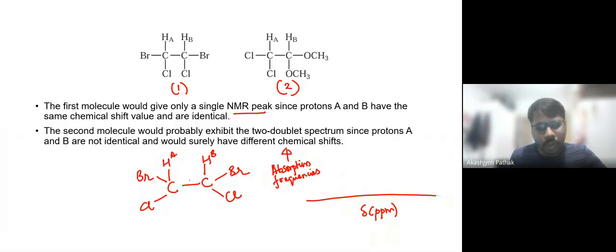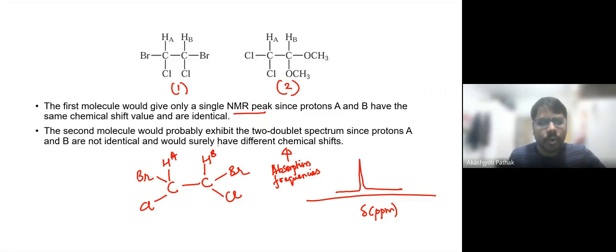So if you want to plot the proton NMR spectra for this molecule, you will only have a single proton peak. Why is it so? Because if you look at the chemical environment of this HA proton, it is surrounded by two electronegative atoms like bromine and chlorine, and then it has this particular big group.